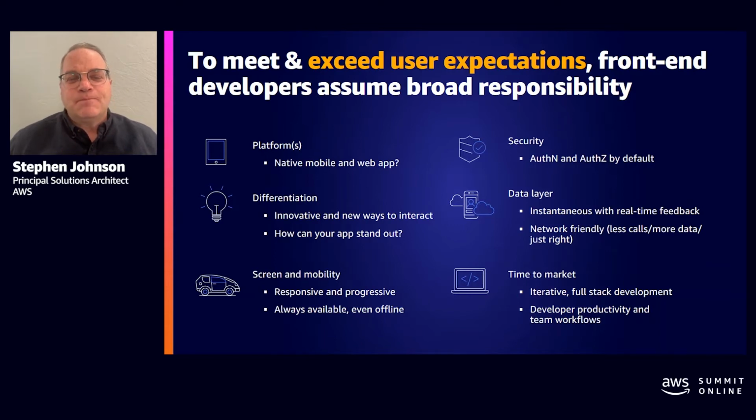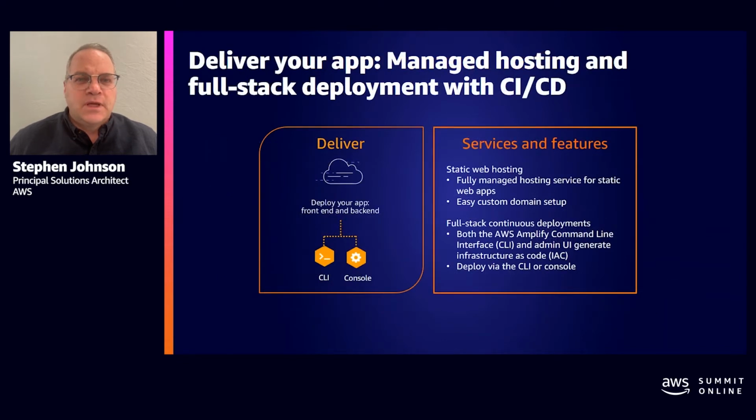So our mobile product team built Amplify to address these issues. So Amplify can help in a number of ways. One way is to provide a convenient way to take a web application from coding all the way to deployment on AWS.